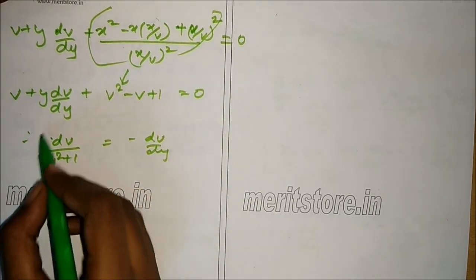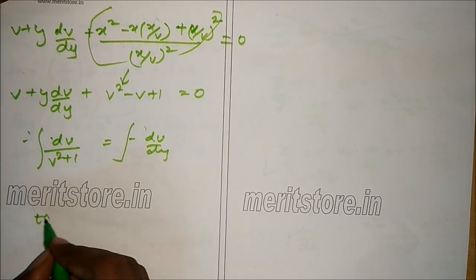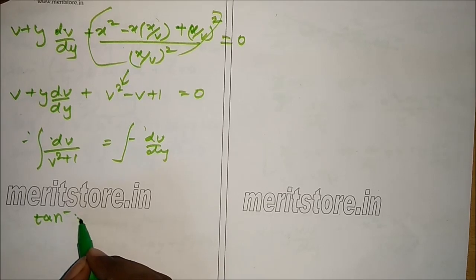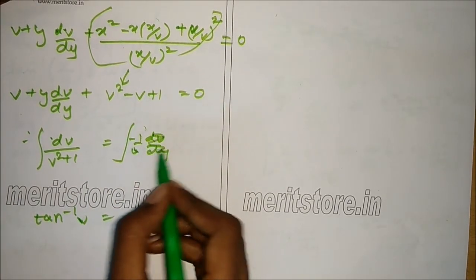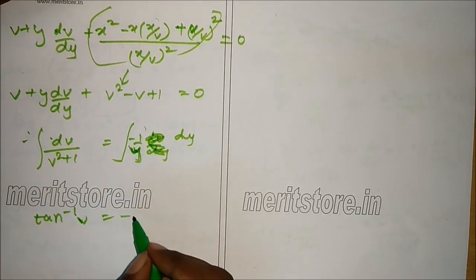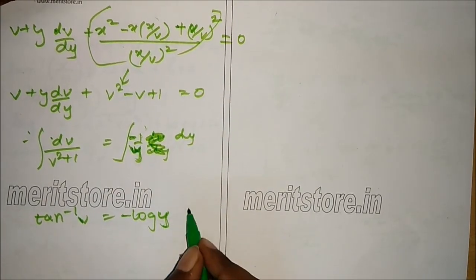So integrating both sides, we get integration of 1 by (v square plus 1) is tan inverse of v, and integration of 1 by y dy is log y. So since there is a minus sign, we put minus log y plus c.